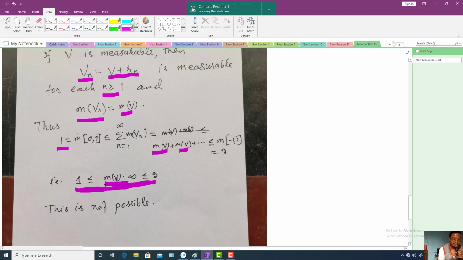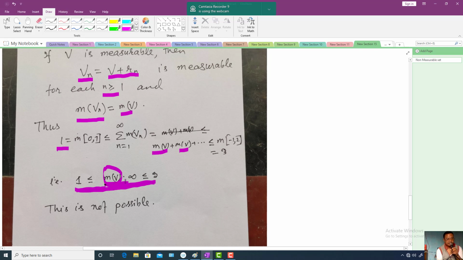So why does this happen? This happens because V is not measurable. Whenever you assume that V is measurable, you are in a situation which is not mathematically acceptable. Because if V is measurable, its measure should be either 0 or some non-zero real number.